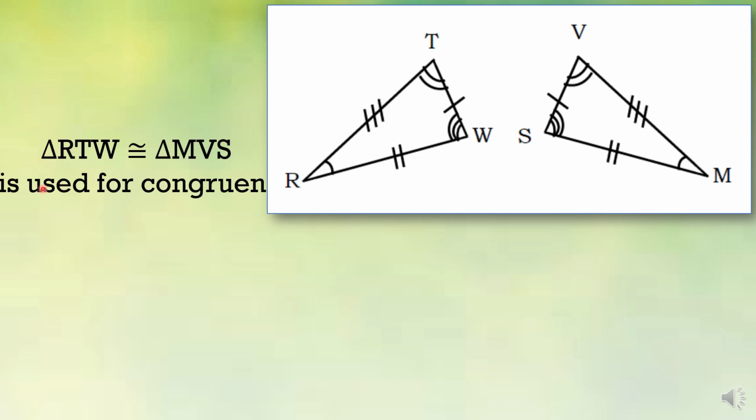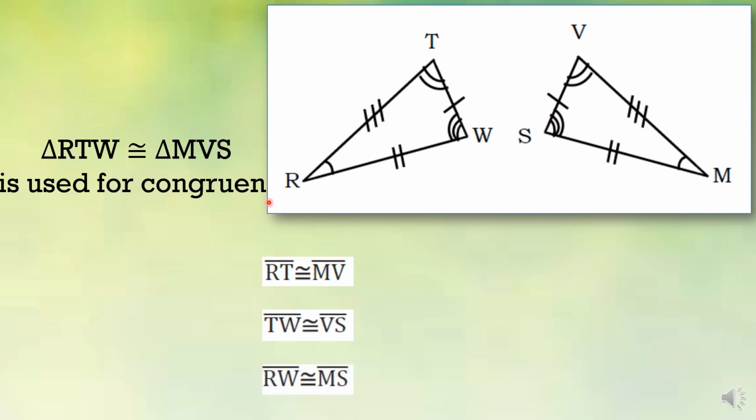Notice the symbol used for congruency. For the sides that are said to be congruent, line segment RT is congruent with the line segment MV. Line segment TW is congruent with the line segment VS. Line segment RW is congruent with the line segment MS. As you can see, in every side that is congruent, they have the same markings.